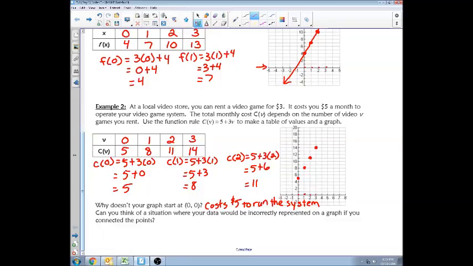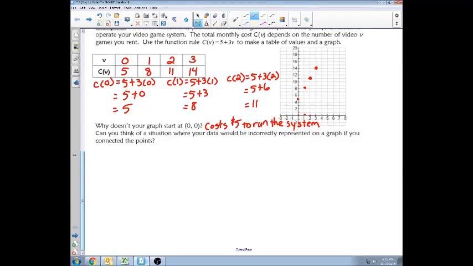Well, in this situation, I cannot connect these points because I can only rent full video games. So I can only go up 1 on each X value. So the data in between here and here would not exist because I cannot rent a partial video game. Does that make sense? I hope. Okay.